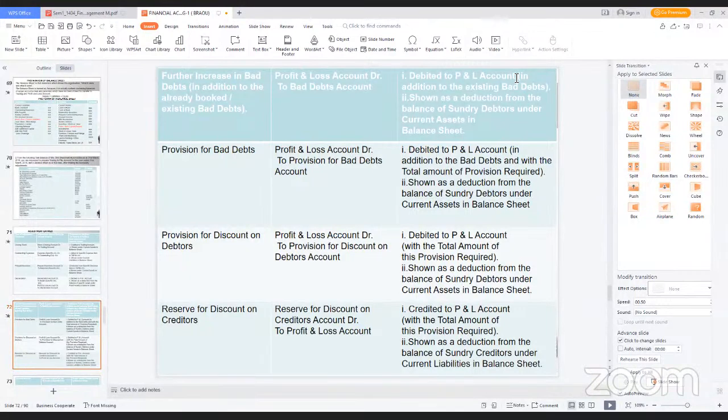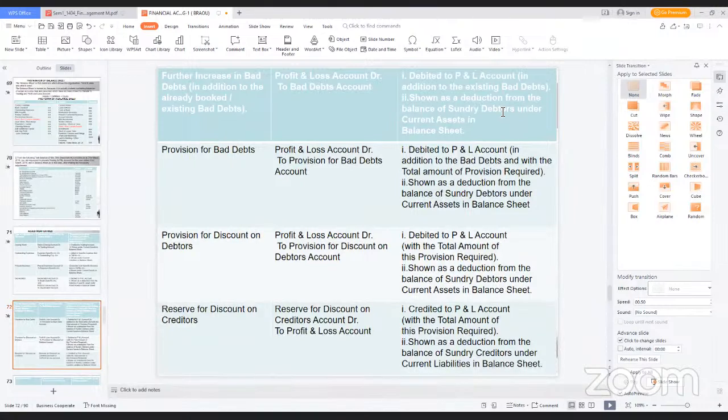Debited to P&L account in addition to the already existing bad debts, that is, to bad debts account. And next, it is shown as a deduction from the balance of sundry debtors. The existing bad debts you will be deducting from the sundry debtors.